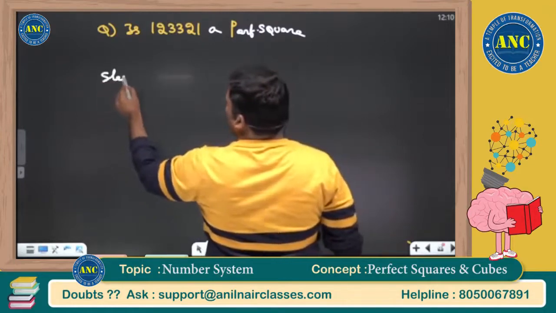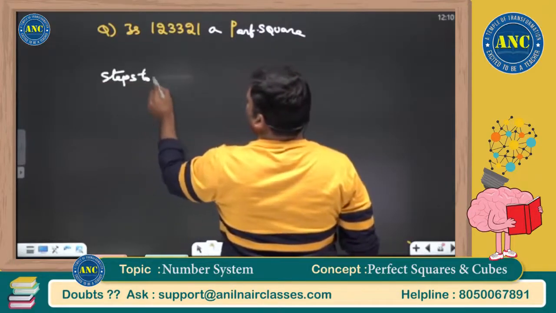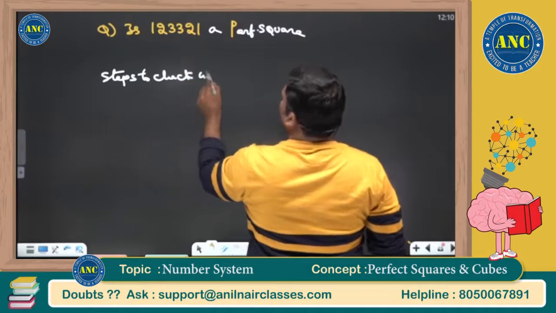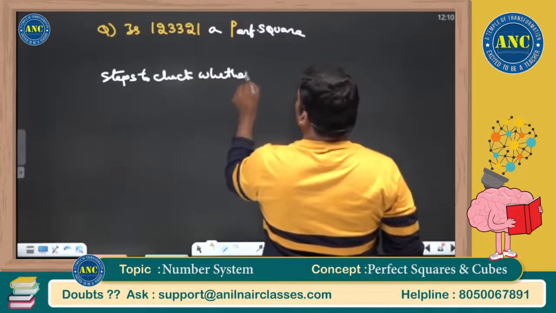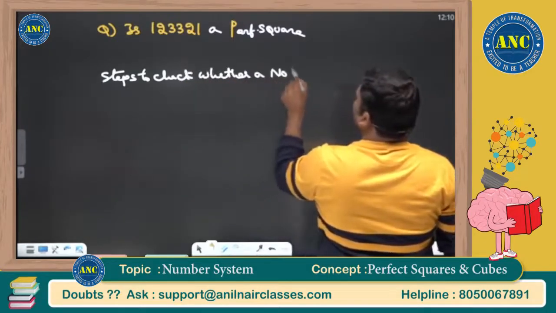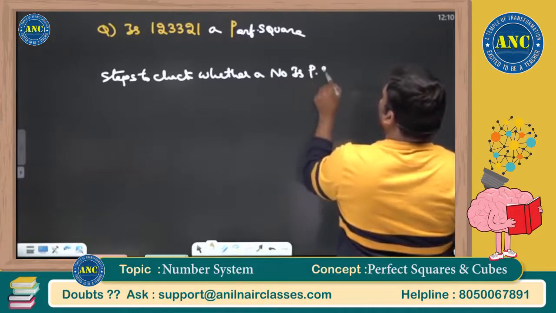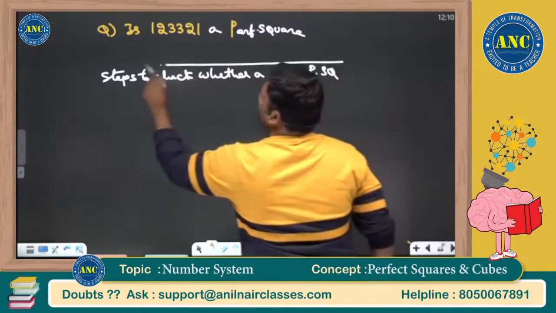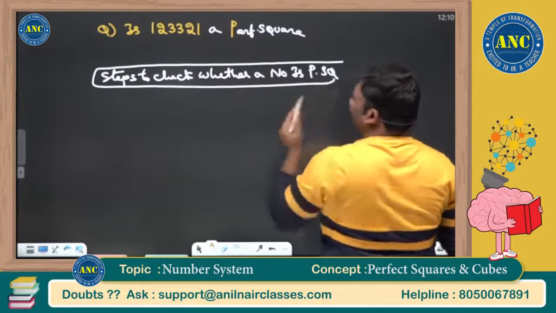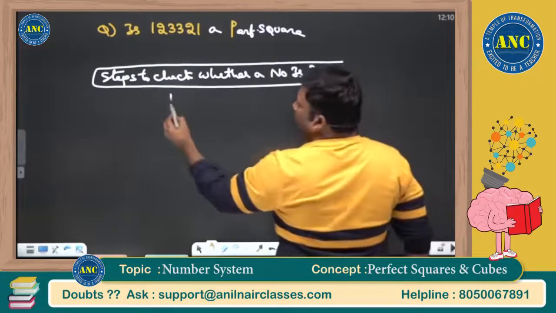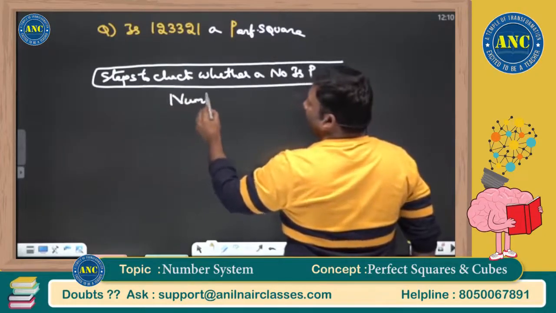Now see here. Steps to check whether a number is a perfect square or not. Suppose we take a number.